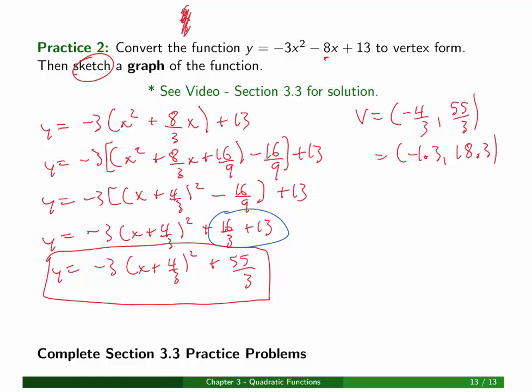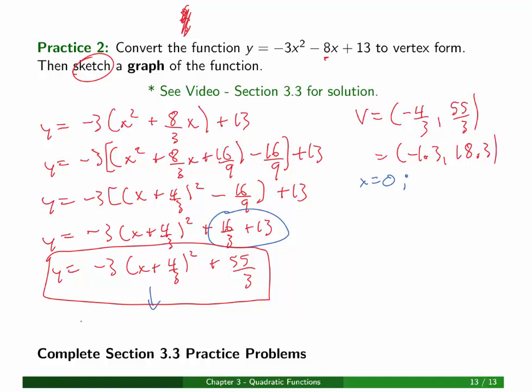It could be anywhere, but if we chose the point, say, x equals 0. Now, I did this for a reason. If you choose x equals 0, you can plug this back into vertex form if you want, and you can work out what that happens to be. Let's do this just for an exercise.